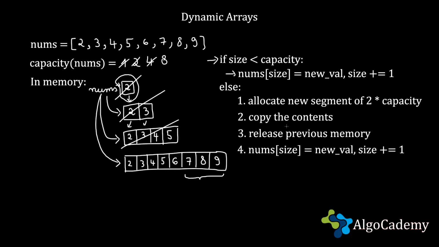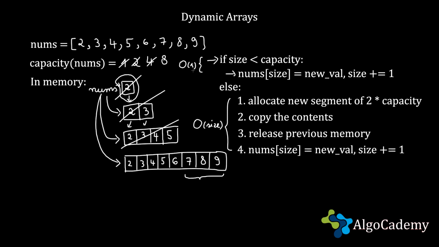Then we have to copy the contents, which is also big O of the size of the array. Release previous memory. Yeah, the segment contains size elements, so still big O of size. And then this is an assignment and we increment the size, which is constant. So all these 4 steps are big O of the size of the array.